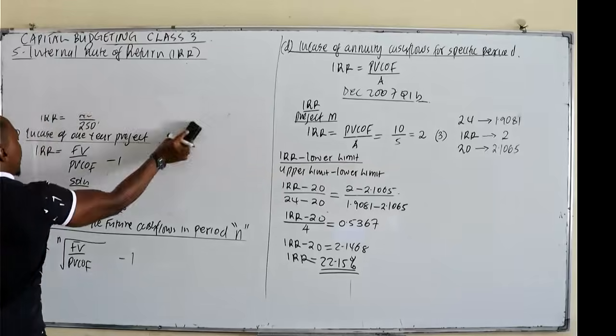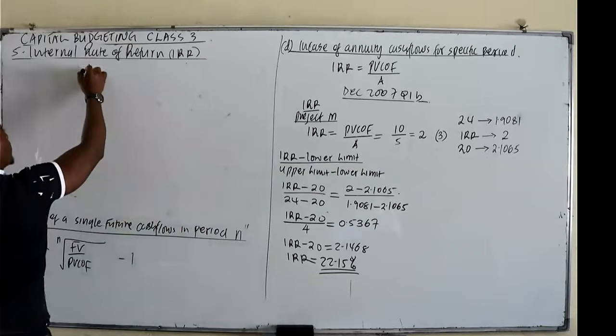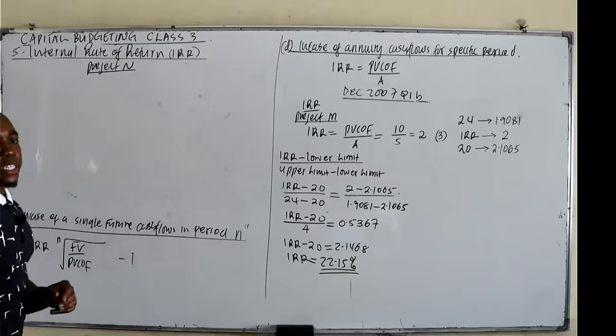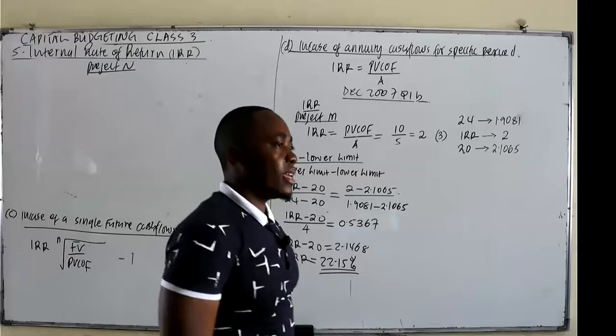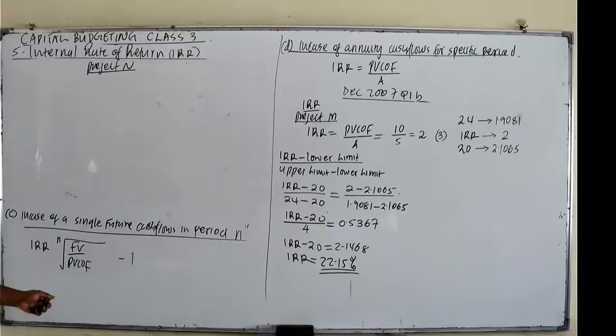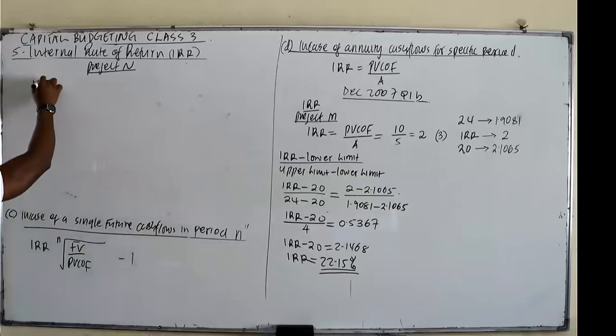Let's do project N. Now project N, year 1 is generating nothing, year 2 is generating nothing, then it generates a lump sum amount at the end of year 3. So in case of a single future cash flow in period n, how do we get IRR?